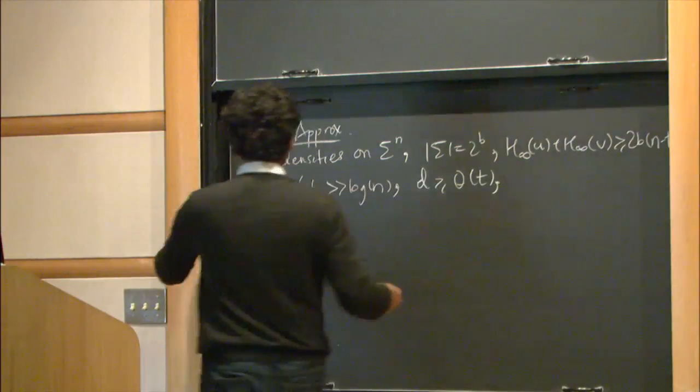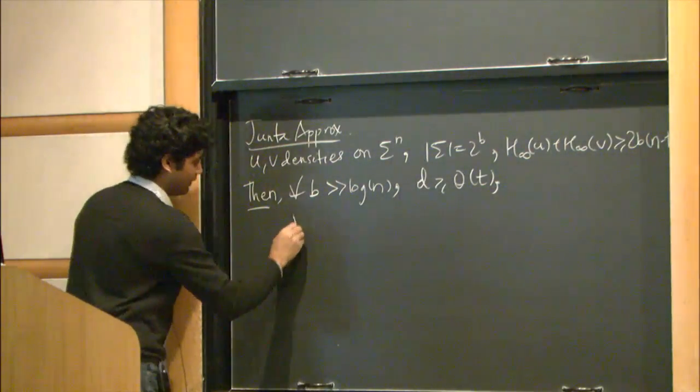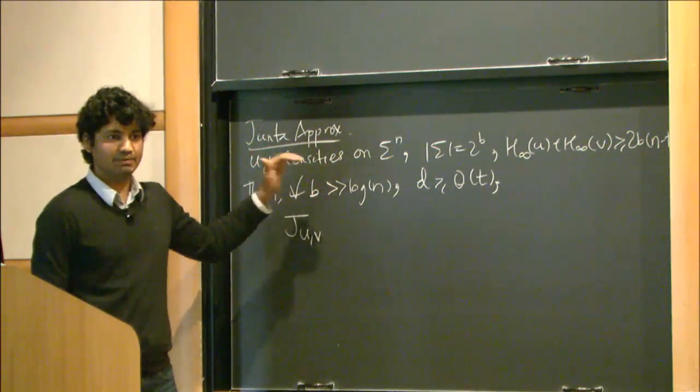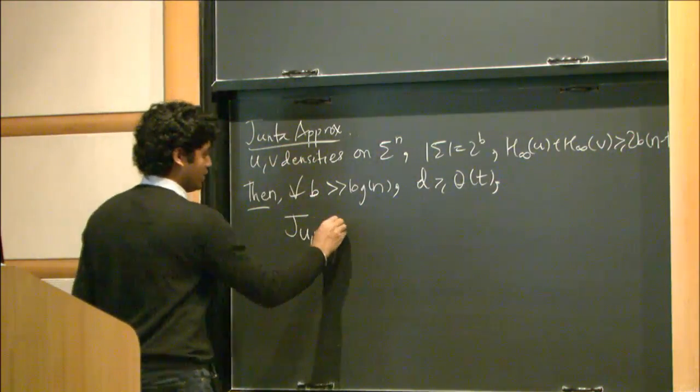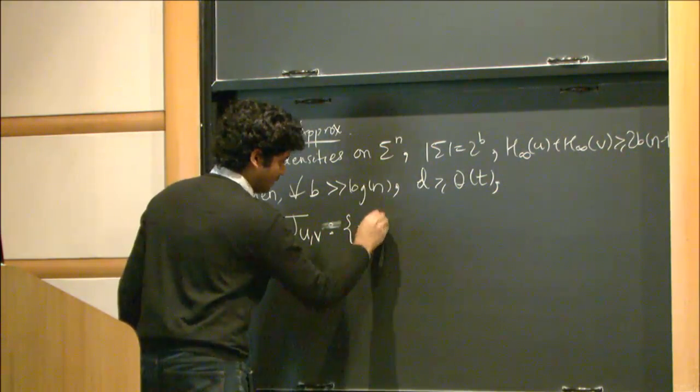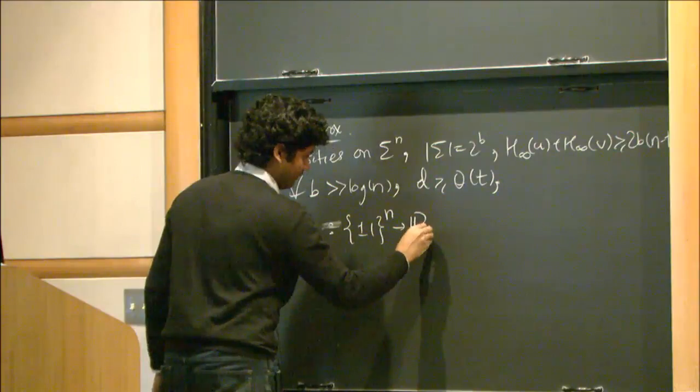So for any rectangle I define j u v. So now let's say u v are the densities defining your rectangle. I define j u v as a function. This is a legitimate function on +1 -1 to the n.